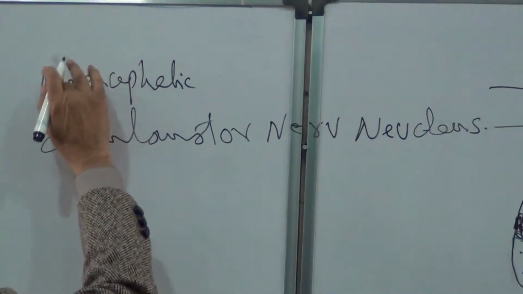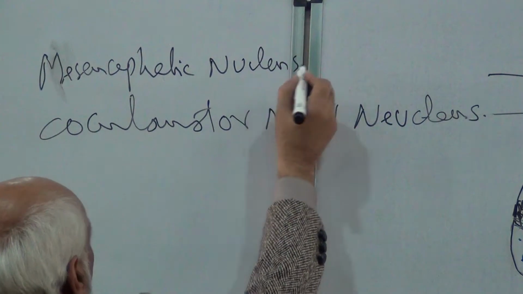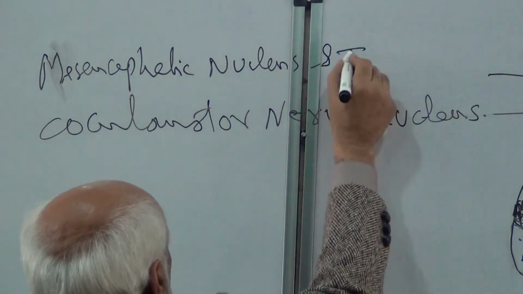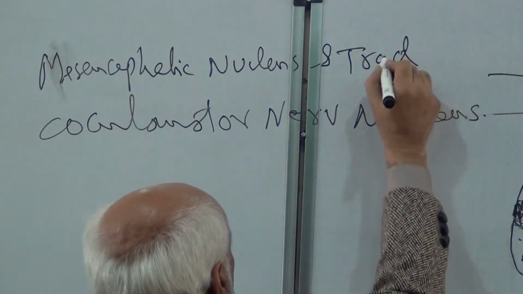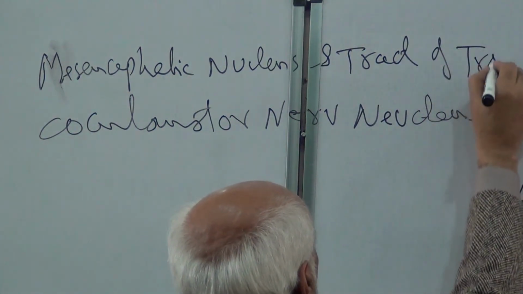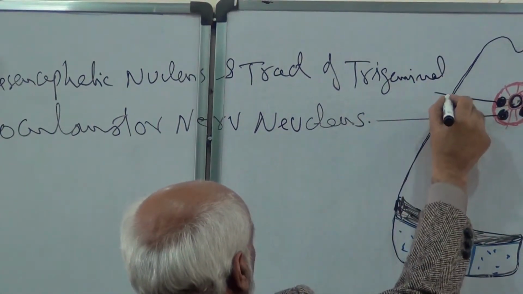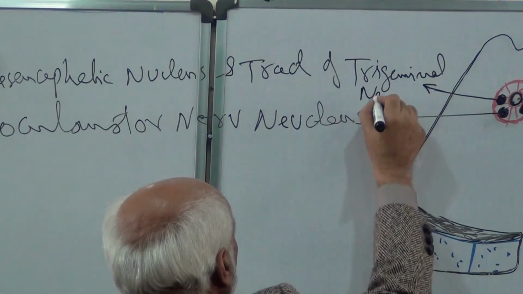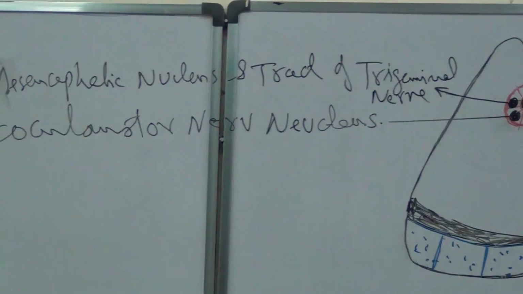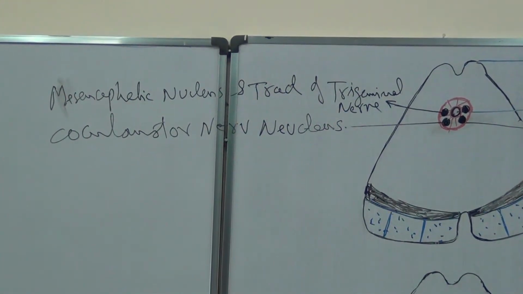Mesencephalic nucleus and sensory tract of the fifth cranial nerve, the trigeminal nerve. Now the sensory nucleus of the trigeminal nerve needs some elaboration.